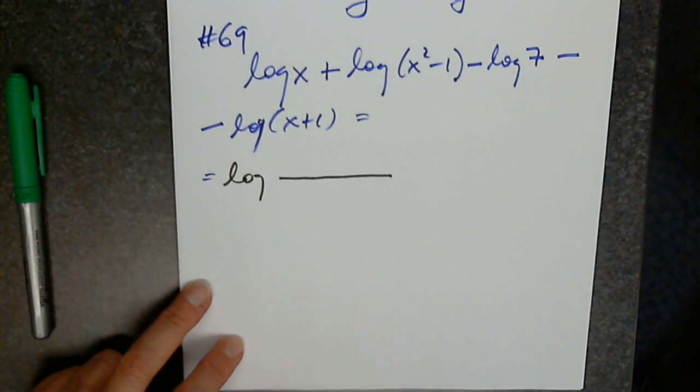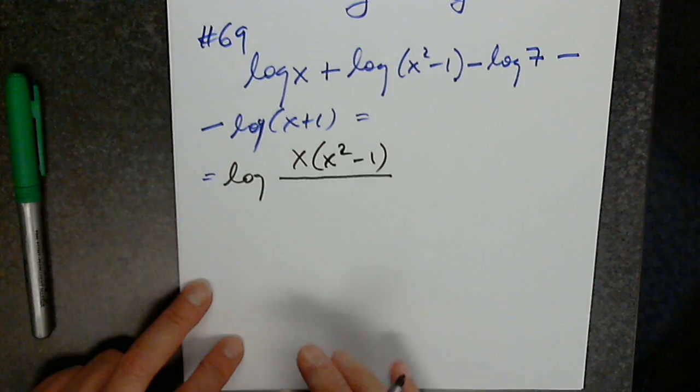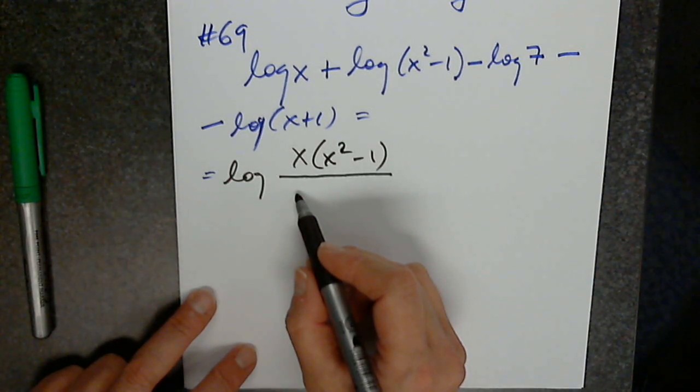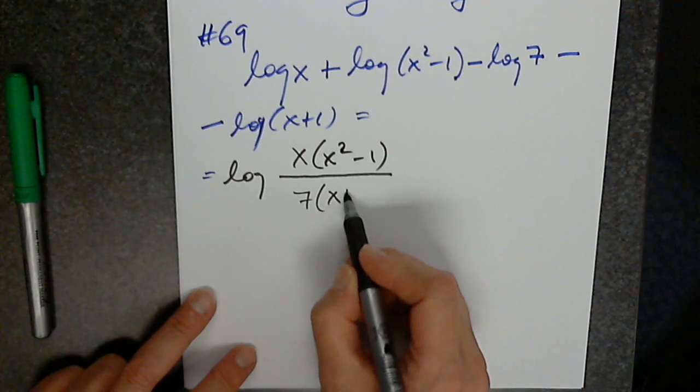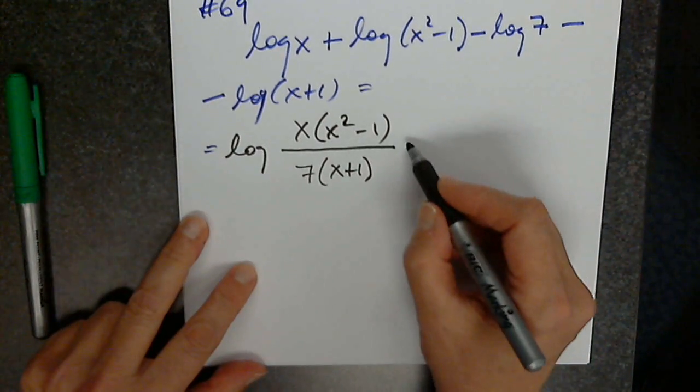Can anyone give us the numerator? Can anyone give us the denominator? That's it. There is one more step, however, because x squared minus 1 is factorable. So what would you tell me to write?